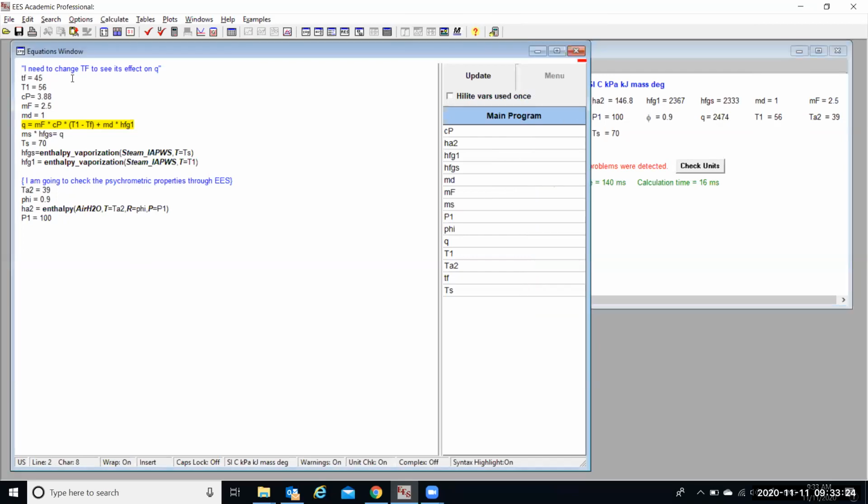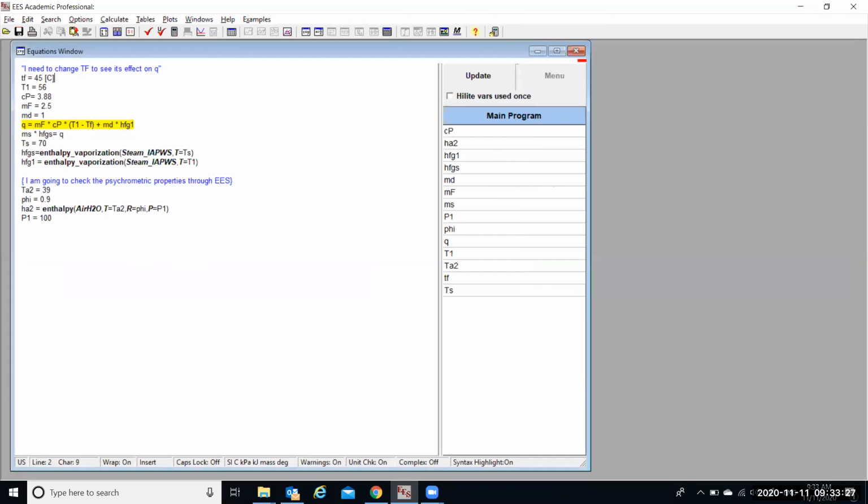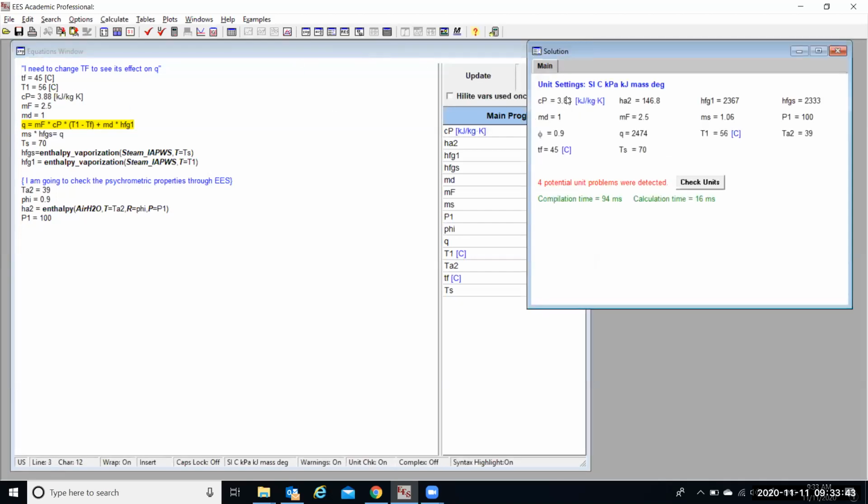One more thing here is that I can put units. For example, temperatures are in centigrade, and these square brackets are for this kind of information. This is kilojoule per kilogram Kelvin, for example. And then when you look at the solution, you see it comes along with it. What I've written there is coming here as units.